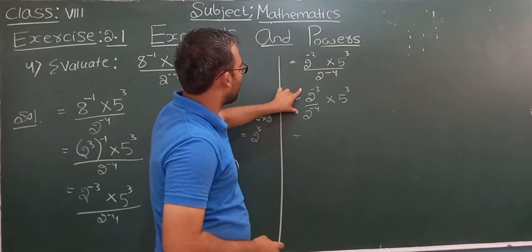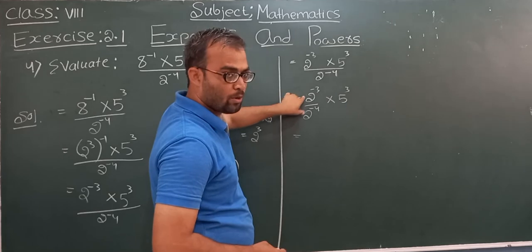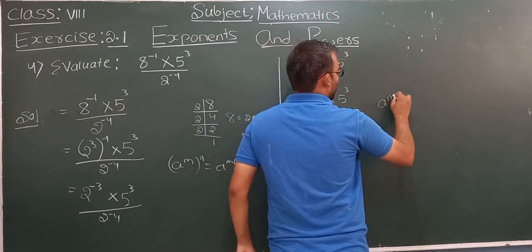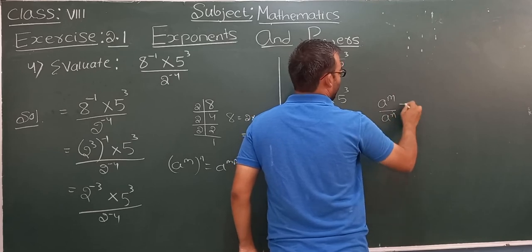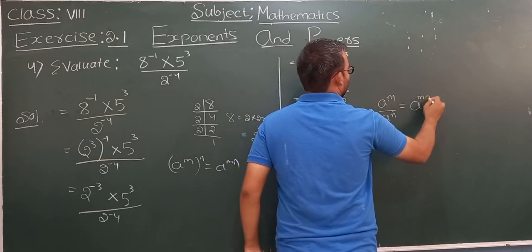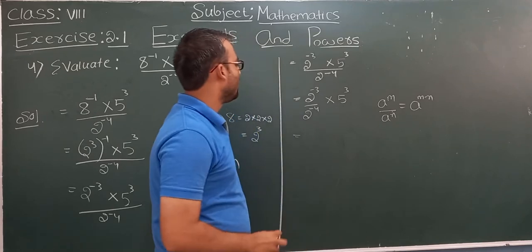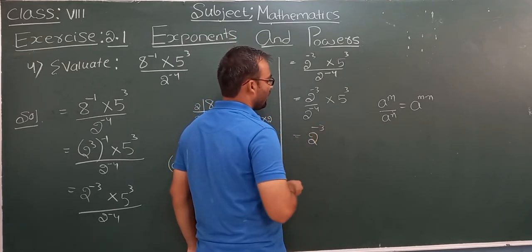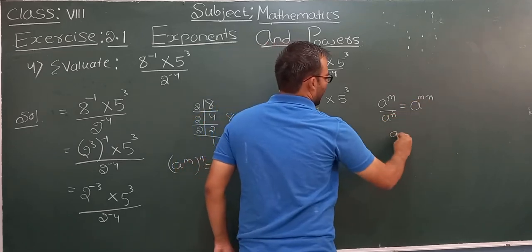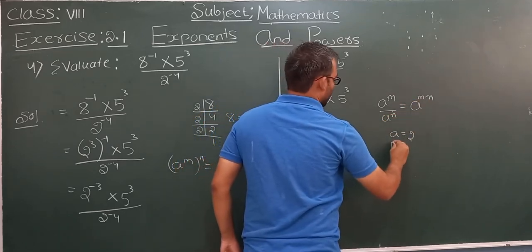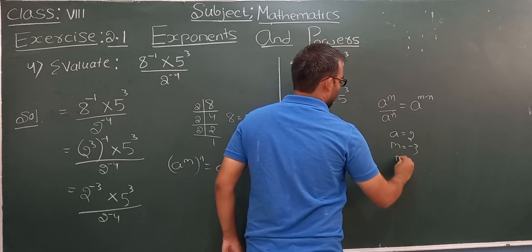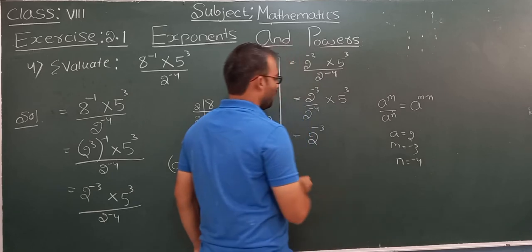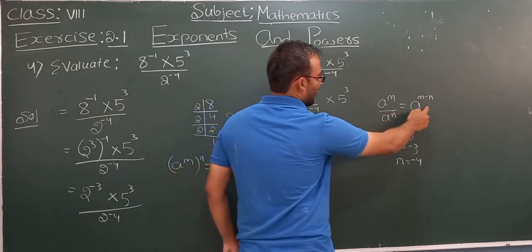Now just look here, it is of the form a to the power m divided by a to the power n equals a to the power m minus n.